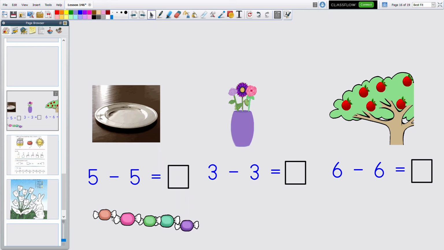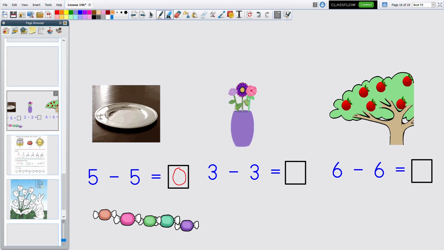So we took away 5. How many's left? We have nothing left. So whenever we're saying we have nothing, that means what number? 0. That's right. So 5 minus 5 equals 0.